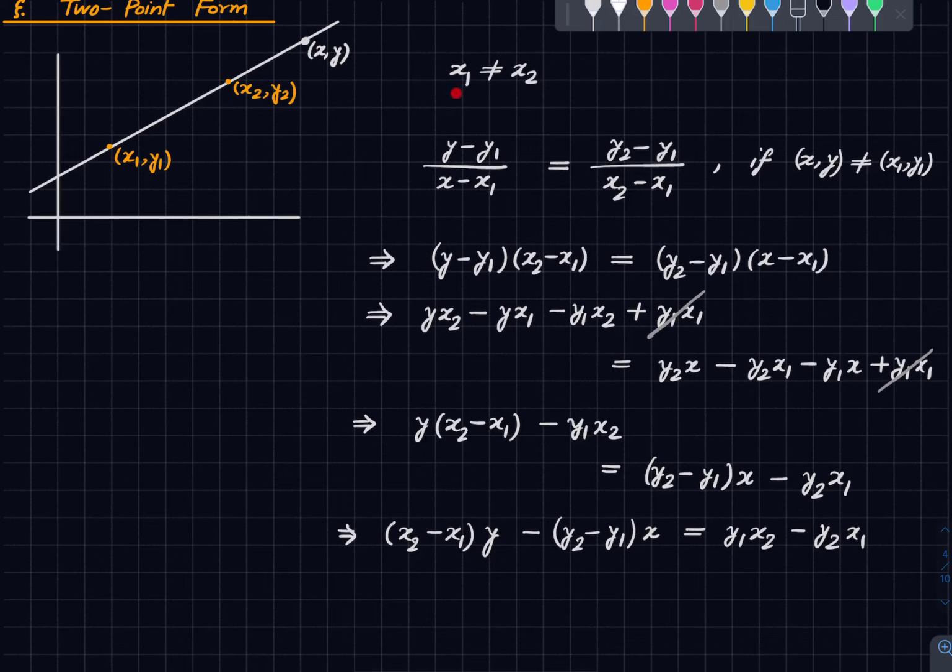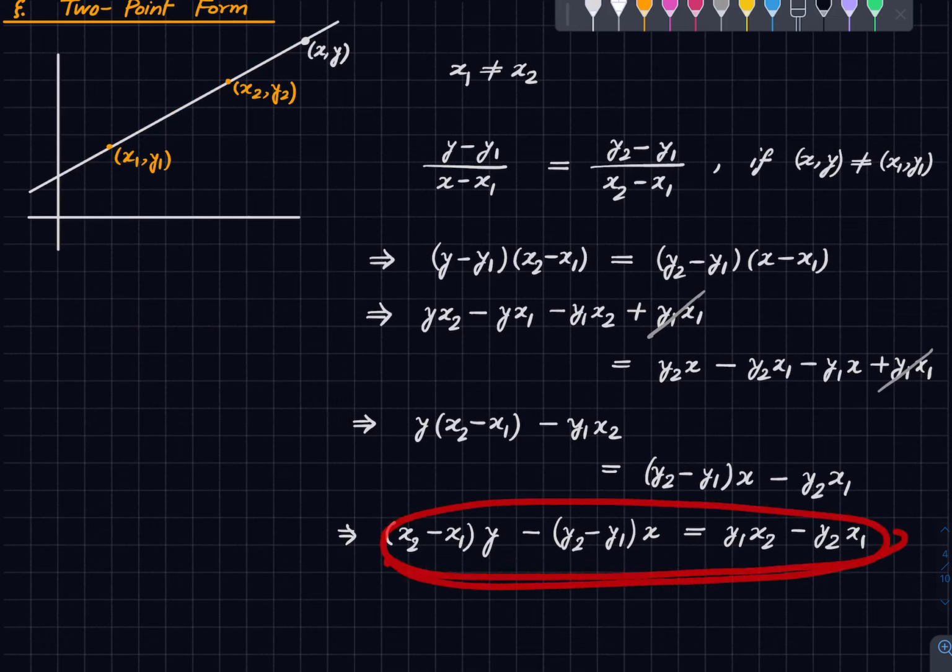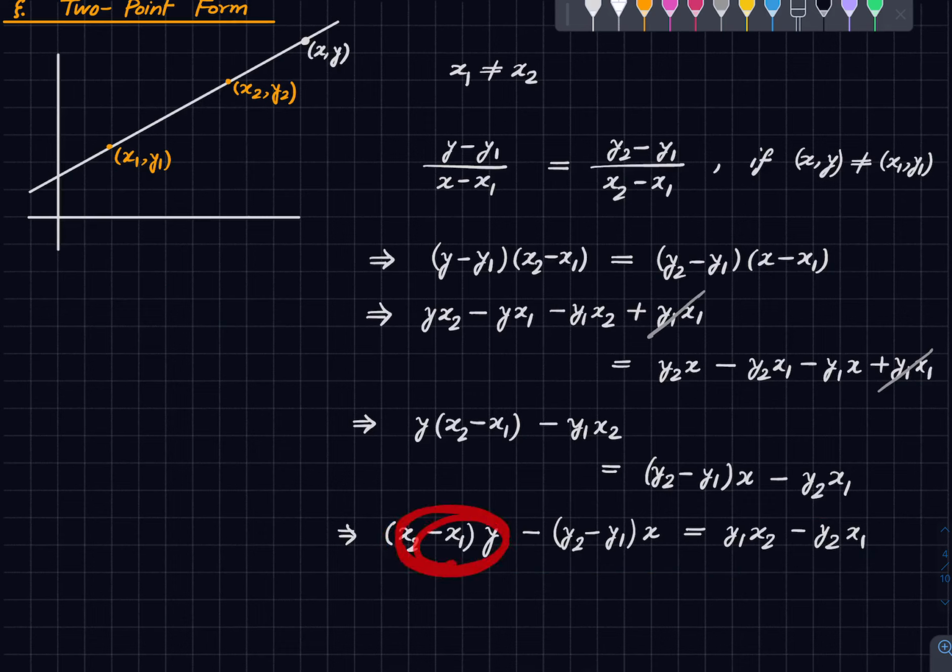Now, even if we drop this assumption, let's see what happens. If x1 were equal to x2, then it's very easy to write down the equation of this line straight away. The equation of this line would be just x equals x1, which is equal to x2. And I think that this will still hold under that assumption, because if x1 were equal to x2, this term would just simply vanish.